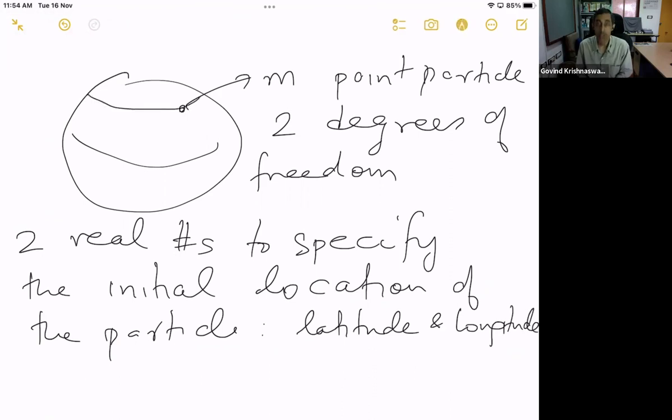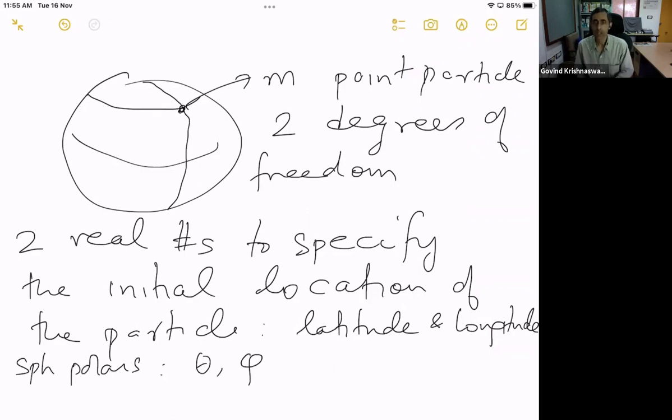You say on which latitude it is and on which longitude it is. You could use spherical polar coordinates, namely the polar angle theta and the azimuthal angle phi.